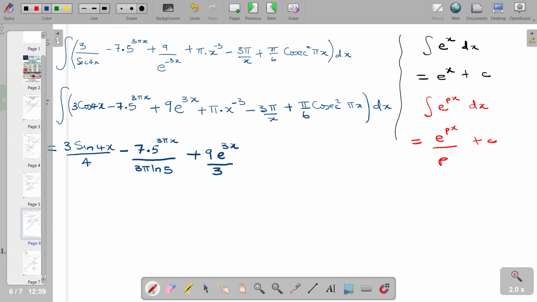And kindly take note, the 4 that we divided by here is the derivative of 4x. It will be more like we are having another term, y is equal to 4x. So it's the derivative of this 4x. This is where this 4 is coming from. Then, if you check the next question, this 3 pi that we put here is the derivative of this power.